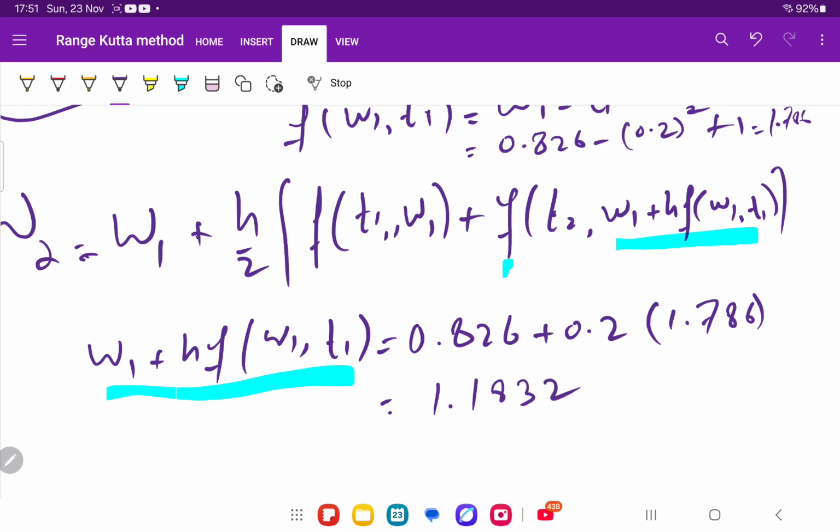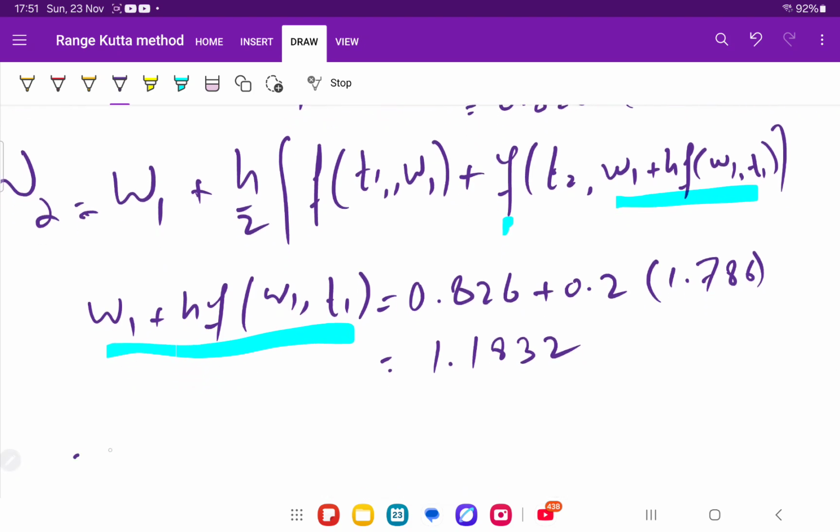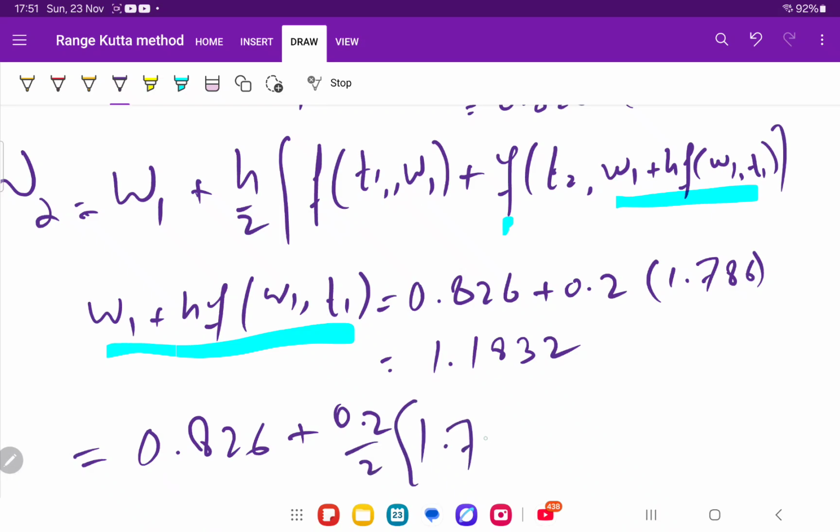1.1832. So it means that w1 is 0.826 plus h, which is 0.2 by 2, f of t1, w1 is already calculated, which is 1.786, plus f of t2 and 1.786.